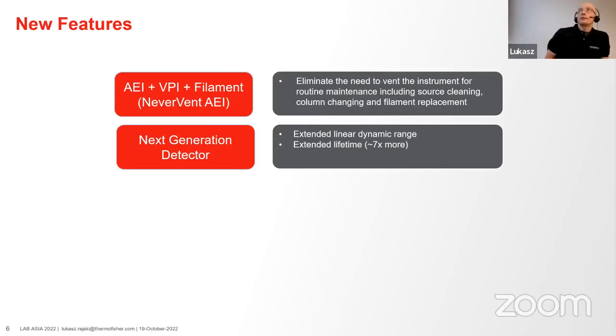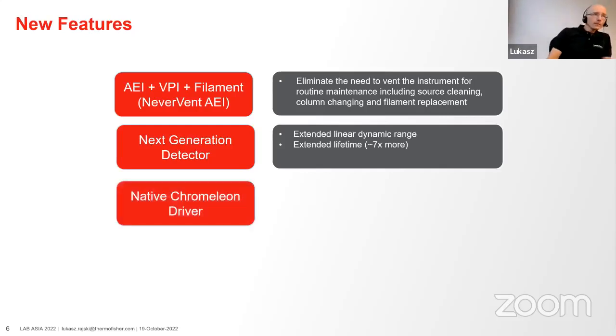Probably you know that if you use your single quad or your triple quad 24/7, you have to replace the detector after maybe 2 years. However, with our new detector, with XLXR detector, the lifetime is 7 times longer. It means that we can assume that the lifetime of the detector is even longer than the lifetime of the instrument.